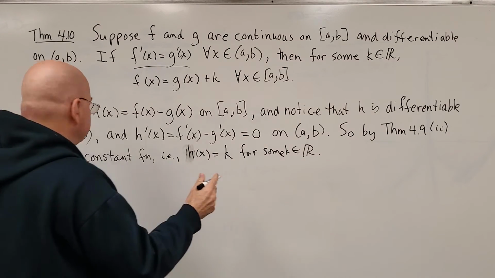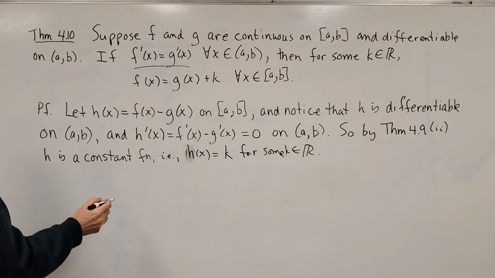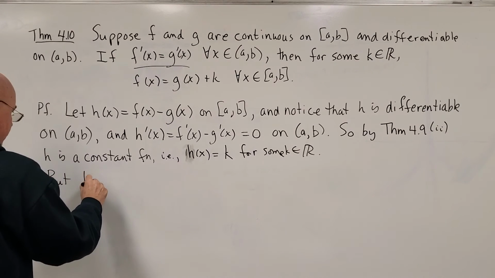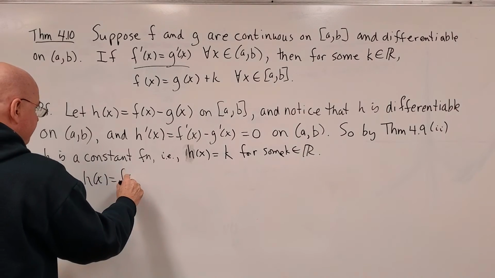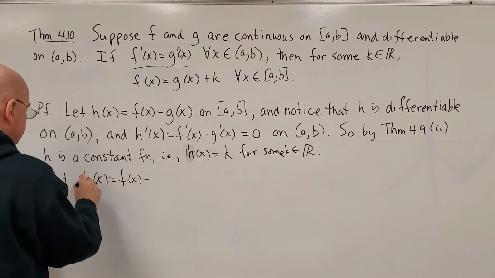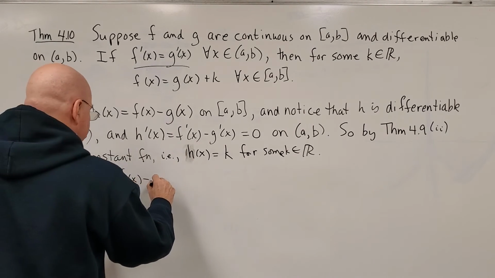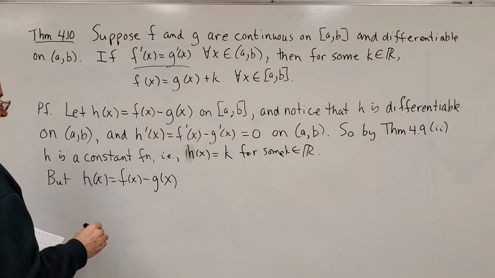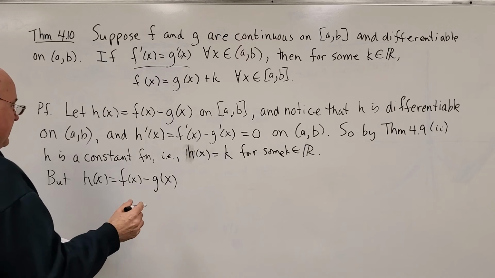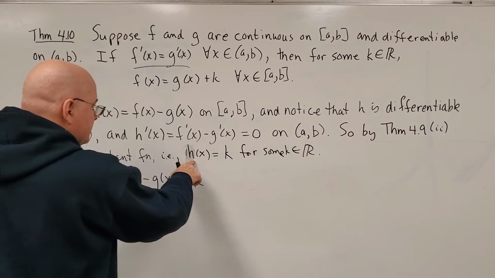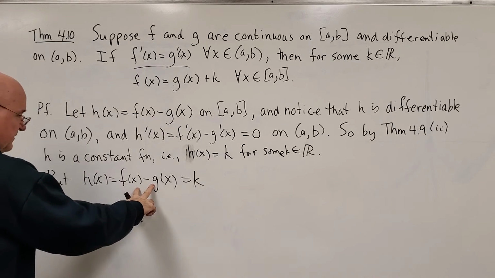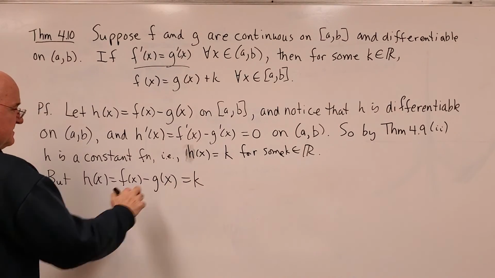Okay, well, that means that h of x is equal to f of x minus g of x, and f of x minus g of x is equal to k, because h of x is equal to k.